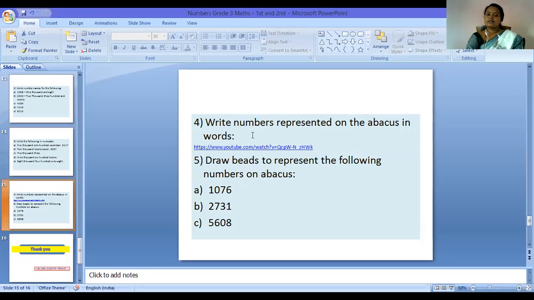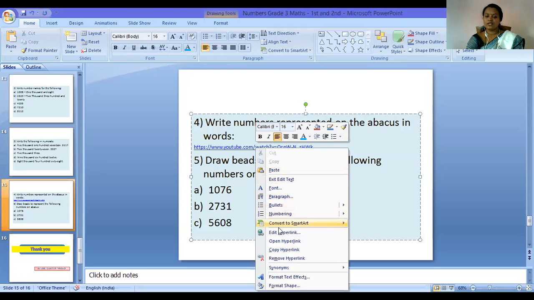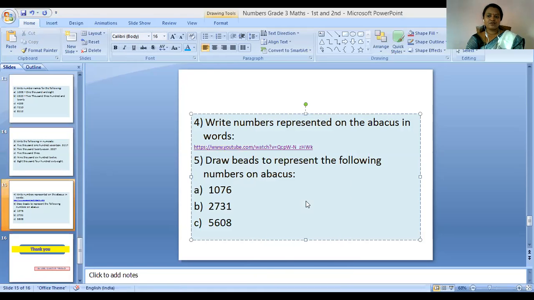So let us learn about how to represent the numbers on the abacus. So here once again I will be showing you one video. So let us recall. I hope everyone likes to know about how to frame the 4-digit numbers on the abacus. And everyone loves to see it, right?